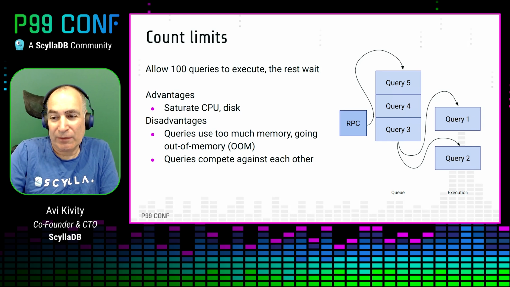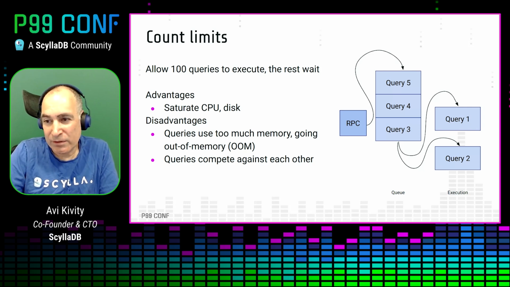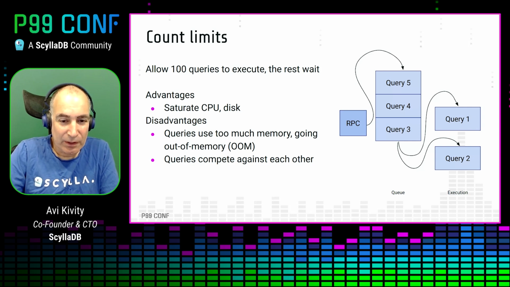So we don't have the problem that our resources are idle, but it mitigated the main problem, but it didn't solve it completely. So again, if you have 100 queries and each use 10 megabytes, that's a gigabyte of memory. And again, 100 queries can easily compete with each other and not allow any of them to finish because they're all fighting for the CPU.